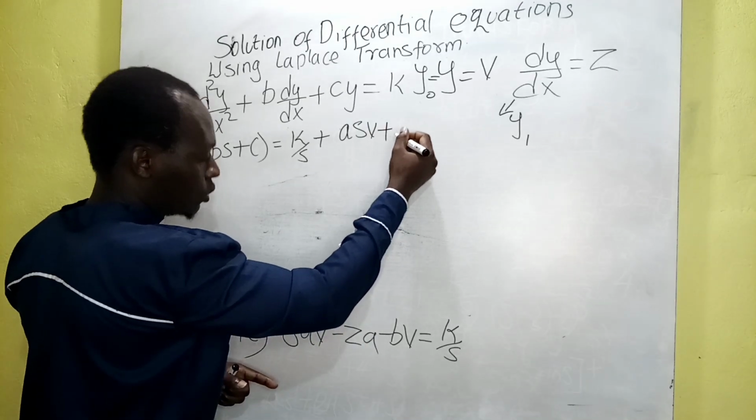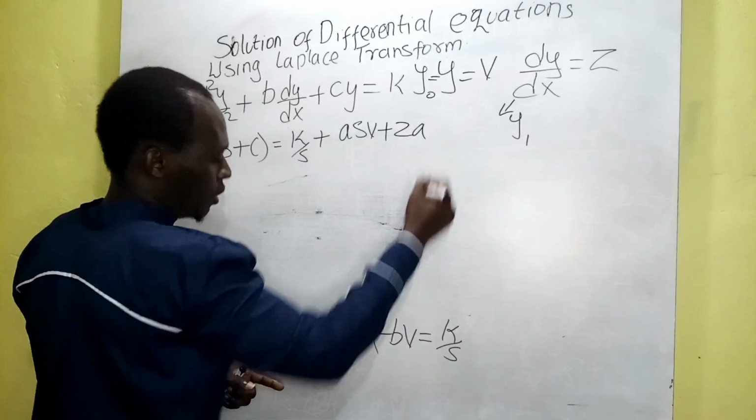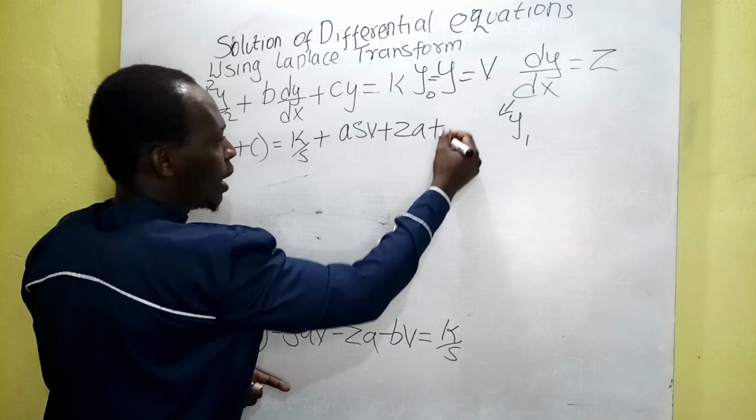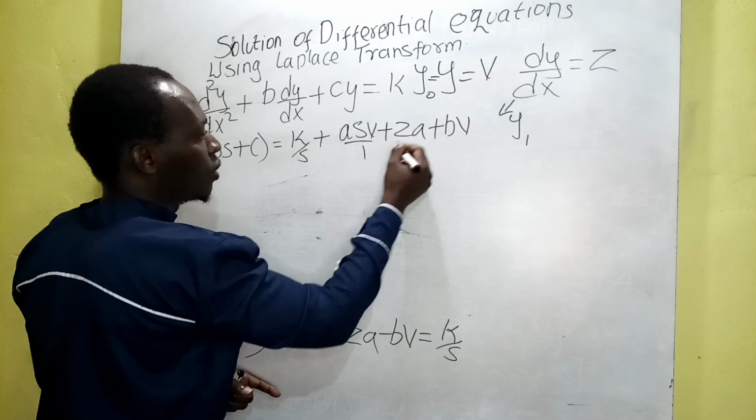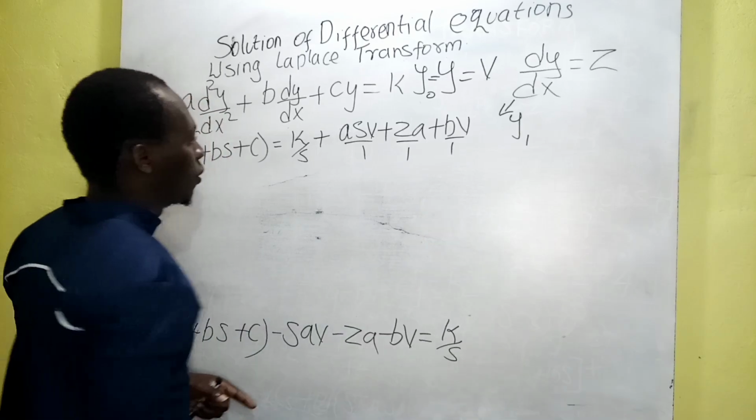We add to z a, we add to b v here, all over 1.